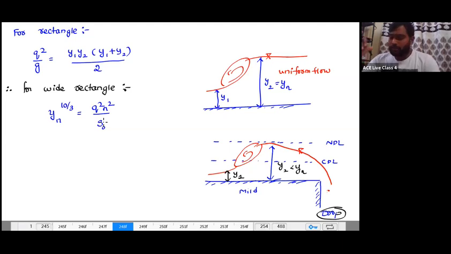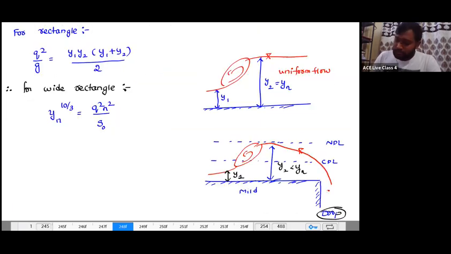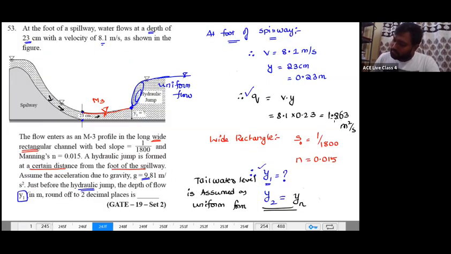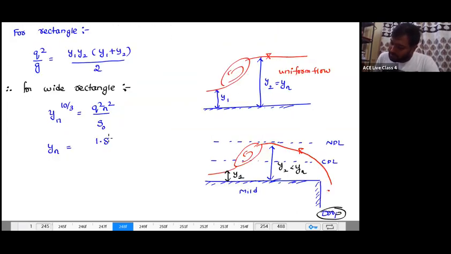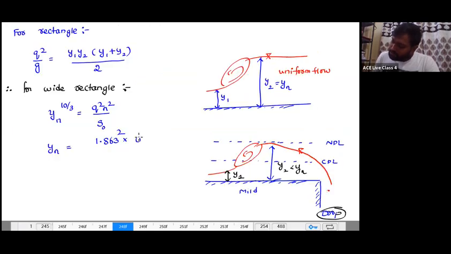When I apply the concept of the GVF, now I want y2. What is y2? yn. For finding yn, what is the q value I got? 1.863. Squared, into the n value 0.015 squared, by s naught. What is s naught? 1 in 1800, whole to the power of 3 by 10.